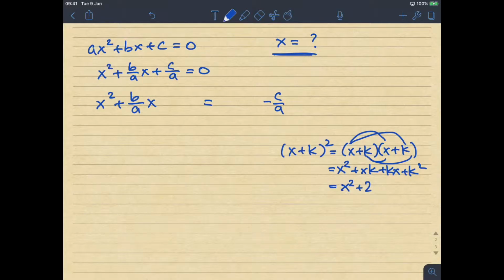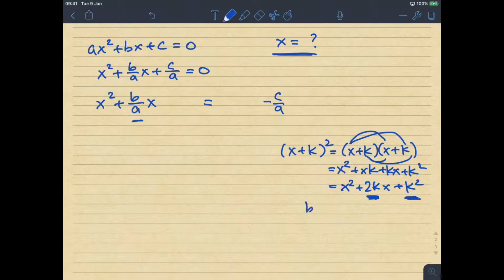Rewriting this, x squared, we've got xk and kx, they're the same, so 2kx plus k squared. Now the reason why I'm doing this is that if you look here, the coefficient for the x term is 2k and the constant term is k squared. So if you compare to what's going on here, x squared, b over a is now the same as 2k.